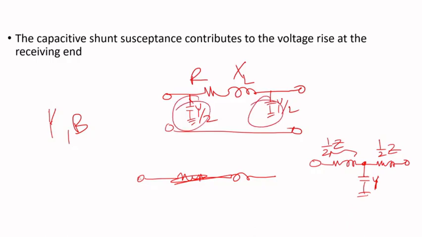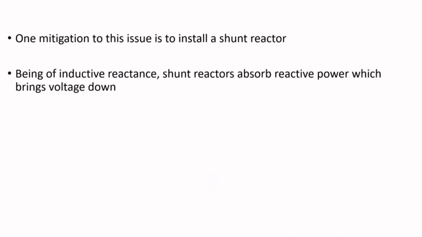And again, this gets worse because they provide VARs, basically capacitive VARs, which leads to the voltage rise. So one mitigation to this issue is to install a shunt reactor. So basically at the end, again, you have a receiving end, V sending, V receiving.